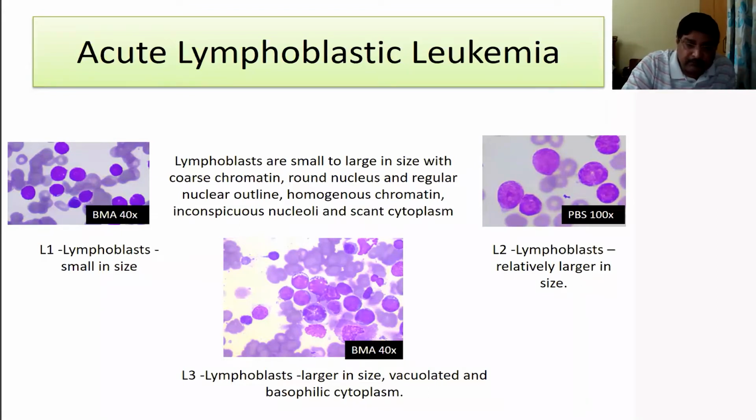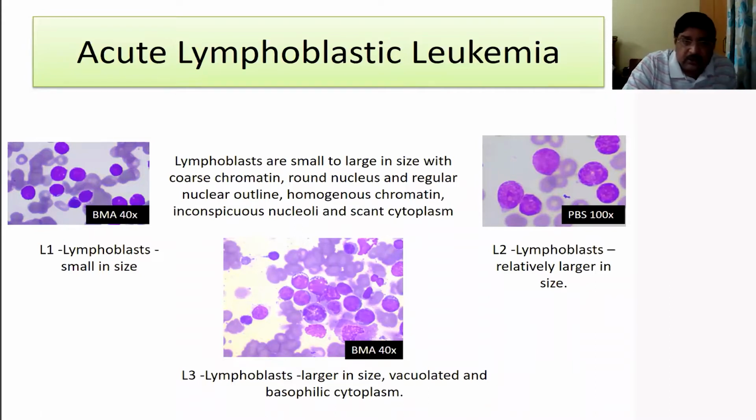So a particular genetic abnormality, if present, if it gives an adverse prognostic implication, will be classified differently than something which is giving a favorable treatment outcome. That is the reason why these classifications are changing very regularly at an interval of 5 to 6 years.